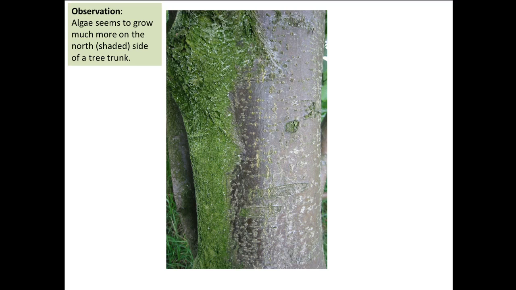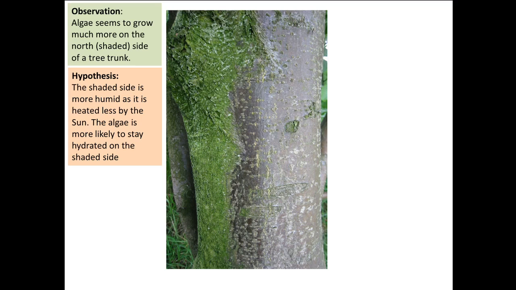And then I make a hypothesis. I think the shaded side is more humid, as it is heated less by the sun. That makes sense, because the south side in the northern hemisphere gets sunlight all day. The algae is more likely to stay hydrated on the shaded side.